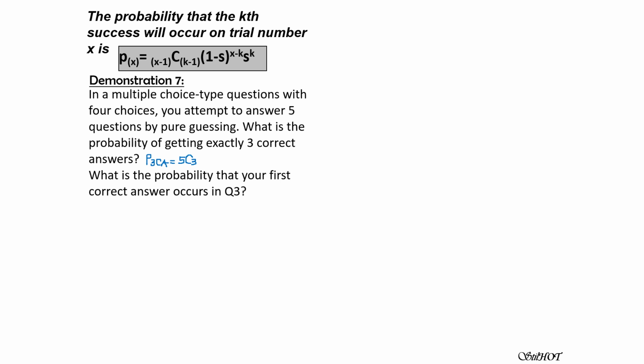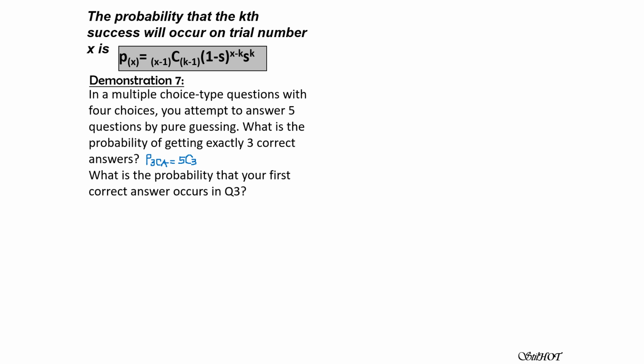It is also possible that it is the second, third, and fourth. So there are many possibilities. That's why we have here the 5C3 combinations, because it may occur in any problem.